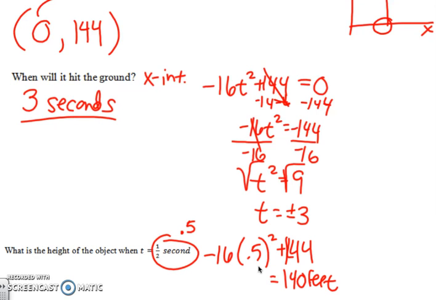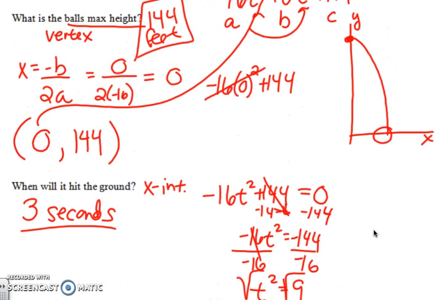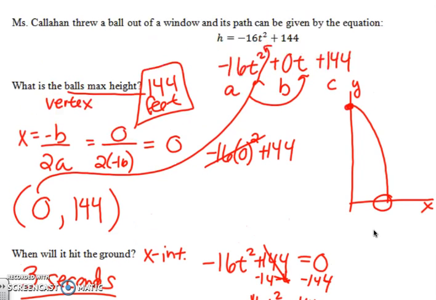Okay. So anytime it wants you to find the height of an object at a certain time, just substitute that time back into your equation. Okay, so that's how you find when something hits the ground or the max height of a ball or an object using your knowledge of quadratic formula and your knowledge of axis of symmetry.